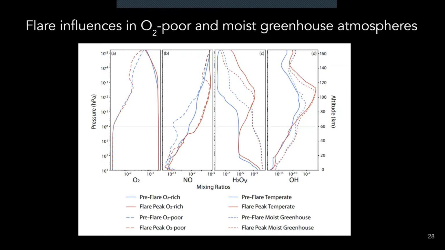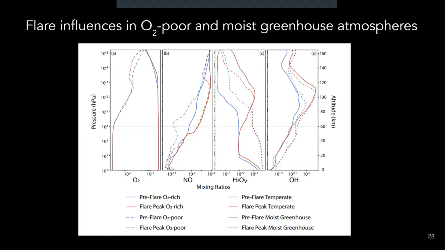Well, interestingly, as shown here in panel B, the flare peak NO production for both the O2-rich and the O2-poor atmospheric compositions is comparable, despite them having very different O2 concentration and NO concentration during the initial baseline pre-flare state.